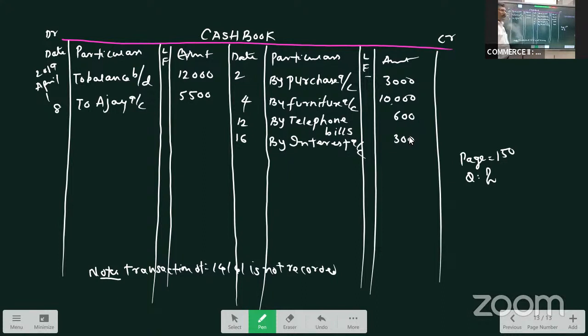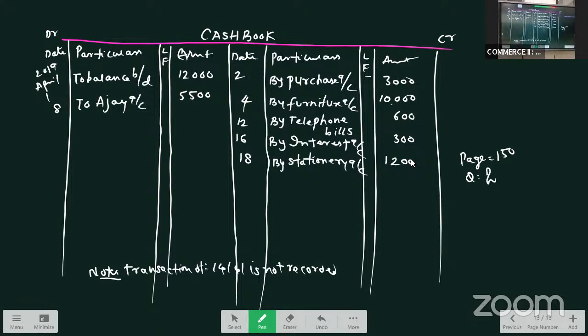You purchase stationery, pen, paper, eraser, stapler, all this falls under the general head stationery. So there is a payment. By stationery, 1,200.